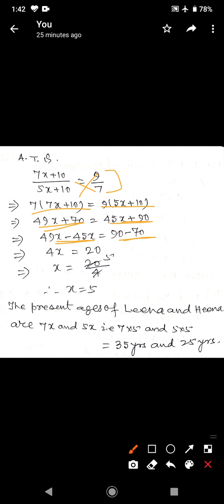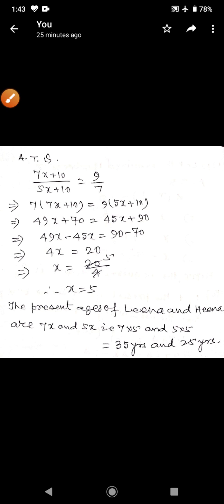Or 49x minus 45x equal to 90 minus 70. 4x equal to 20, therefore x equal to 20 by 4, therefore x equal to 5. The present ages of Lena and Hina are 7x and 5x, that is 7 multiply 5 and 5 multiply 5, equal to 35 years and 25 years respectively.